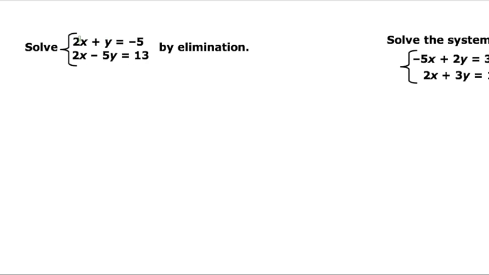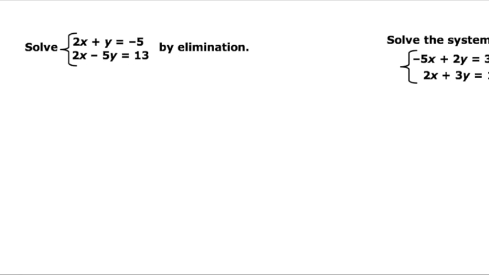So what I want to do is either multiply everything by a negative to get opposite signs for my x's, or multiply everything in this top one by 5. That way I have those opposite signs and the same coefficient.